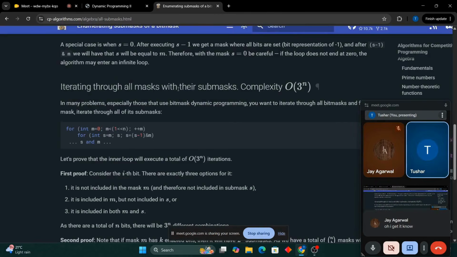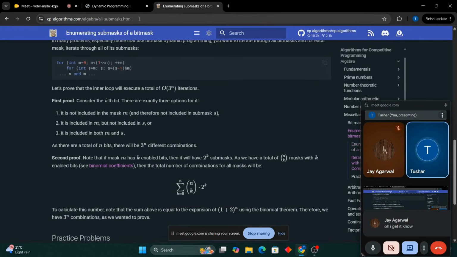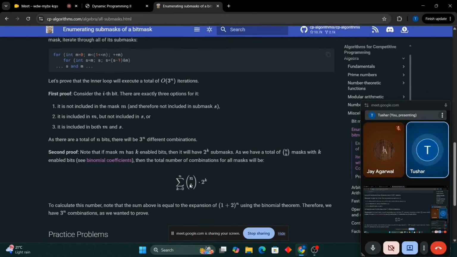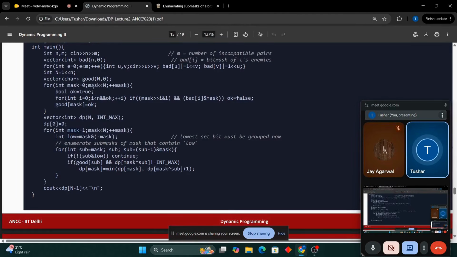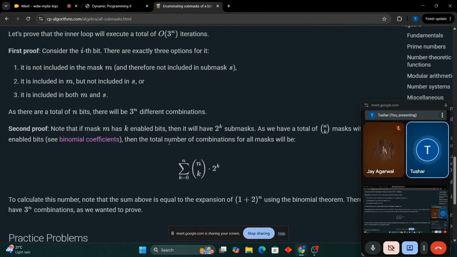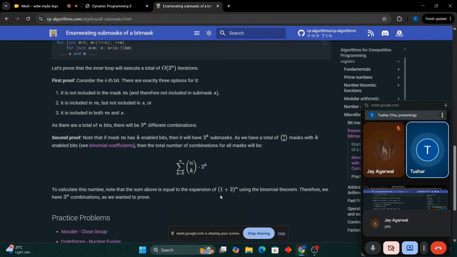Okay, got it. If anyone did not get it, we can just read over it. Basically the complexity of this is equivalent to the total number of submasks of all the numbers in this range from 1 to n, which we can calculate by enumerating the number of bits in the number, say k, and the number of submasks will be 2 to the k, and the number of such numbers is n choose k, and that's 3 to the n.